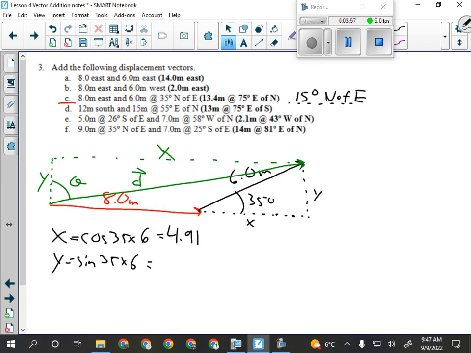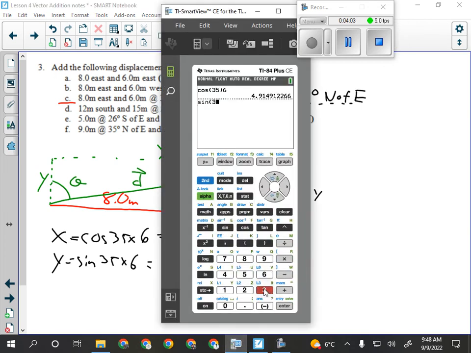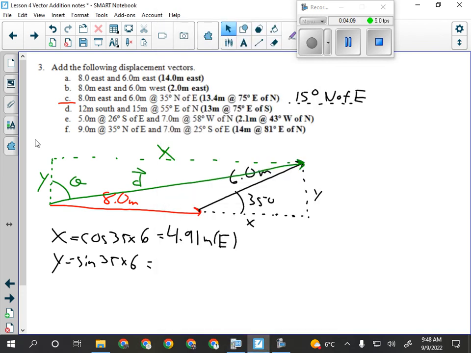Okay, so I'm getting 4.91 meters east for black x, and 3.44 for y north.